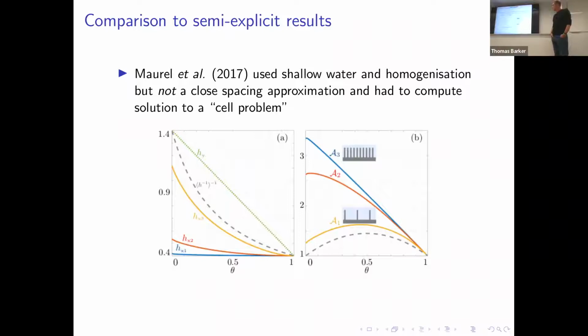There's a group in France, Agnès Morel and others, have been using a similar type of idea, well, exactly the same idea. The only difference being that their plate array, although this looks very, very close, this is what I'm thinking about here, they were imagining that their plates could be widely separated as well. And so I have some agreement with them. So the blue curve is the case that I'm thinking about.